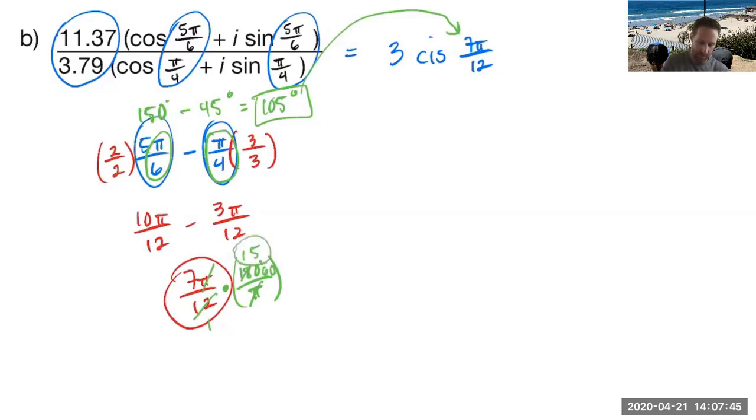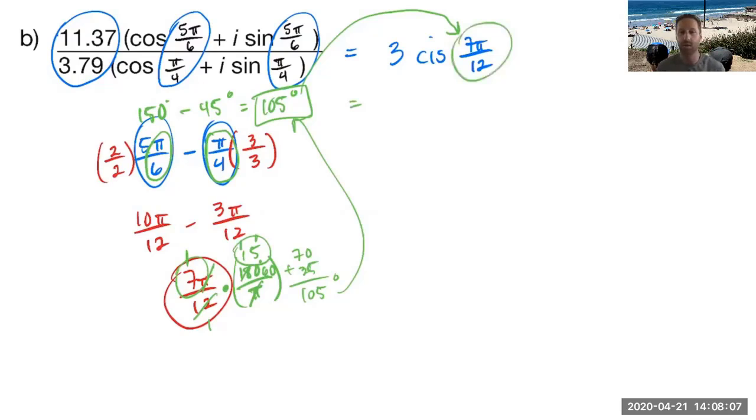So we'd have to do 15 times 7, which I already know 7 times 10 is 70. And then 7 times 5 is 35, which gives me my 105 degrees. So changing it at the very beginning is much, much easier. But either way, you have to then take this, whether you keep it in radian measure and change your calculator to radians, or you change it to degrees and then use that, your call.